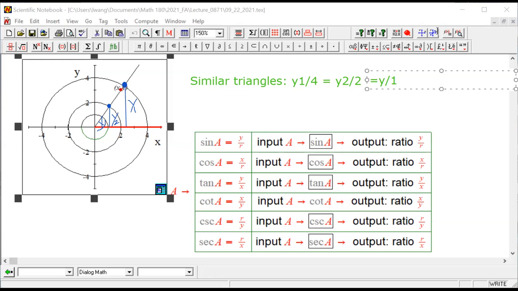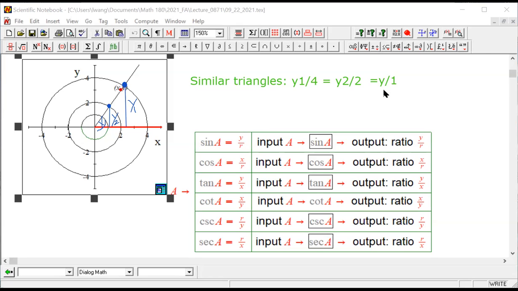It doesn't matter which triangle, doesn't matter which point you choose. If you have a circle at this point, you will get another triangle. That triangle is going to be similar to all of the triangles we have mentioned before. So the ratio will stay the same, and that's why we choose the unit circle.